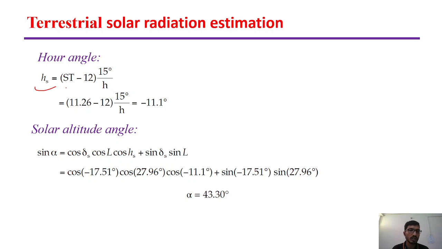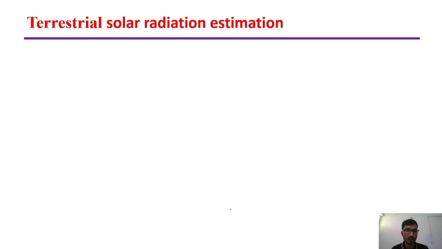The hour angle will be minus 11.11 degrees. Now we can calculate using the declination angle, minus 17.51 degrees, the hour angle, minus 11.11 degrees, and the latitude, given as 27.96. Based on this, we can calculate the value for alpha. Alpha will be the sine inverse of this function, equal to 43.30 degrees.